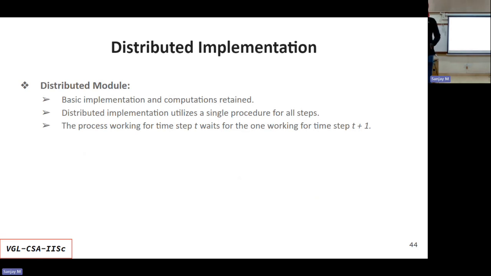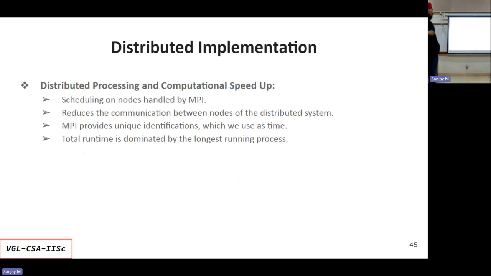So these parallel threads, after computing its surface front, will wait for the next thread to finish computing its surface front. Once that is done, it starts calculating edges. So the wait time is only that a time step t waits for t plus 1 only for computing a surface front. It won't wait for its edge computation or anything like that.